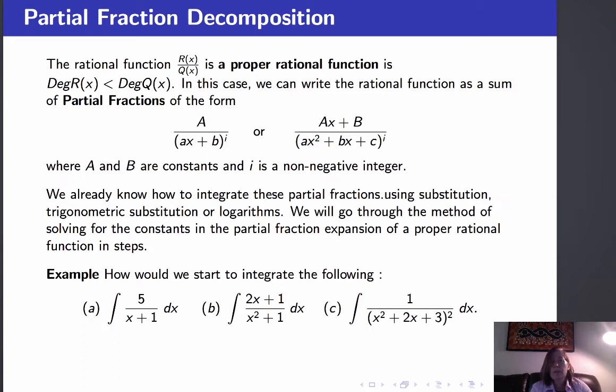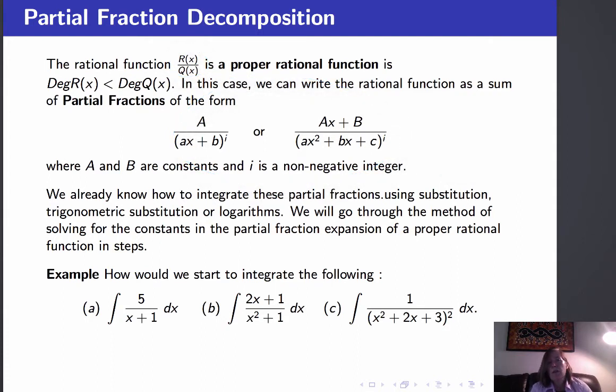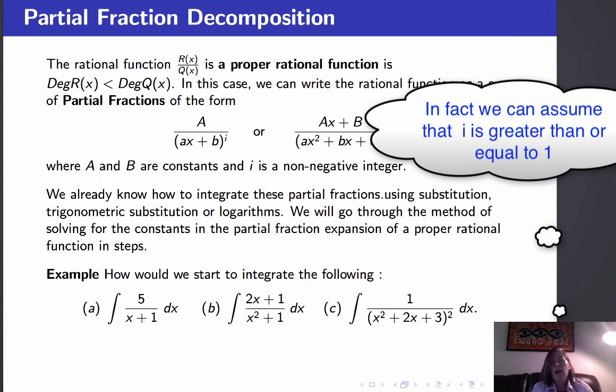We can write this rational function as a sum of what we call partial fractions. Every proper rational function can be written as a sum of partial fractions, or mini-rational functions, of the form capital A over (ax plus b) to the i, or (capital A x plus capital B) over a quadratic to the i, where capital A and capital B here are real numbers, constants, and i is a non-negative integer.